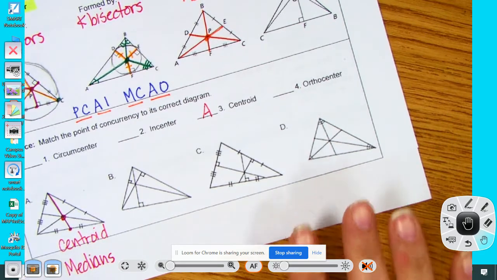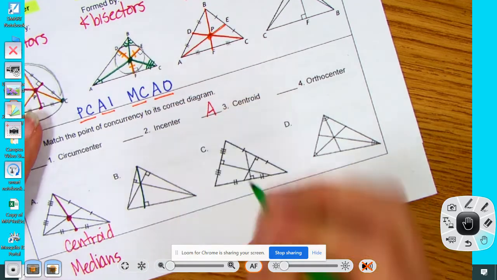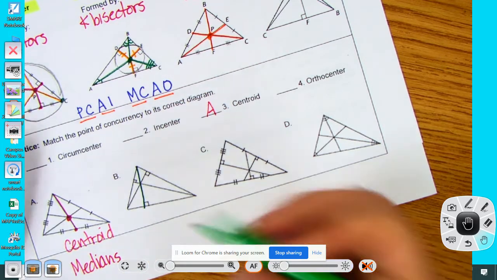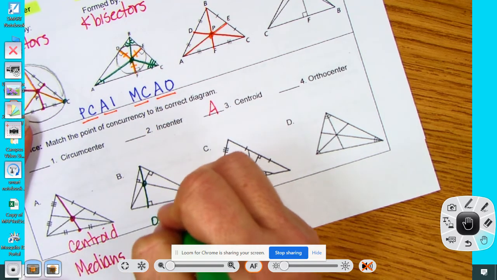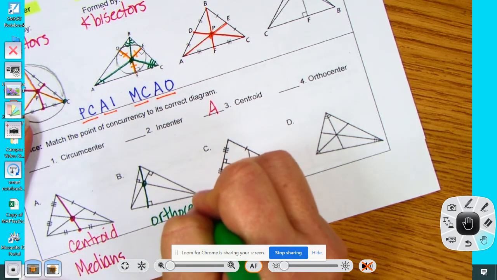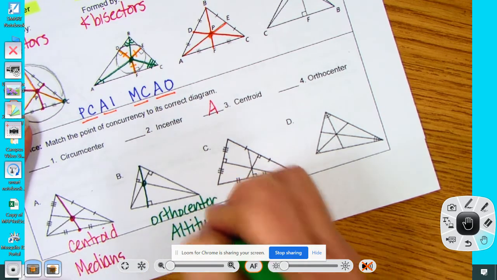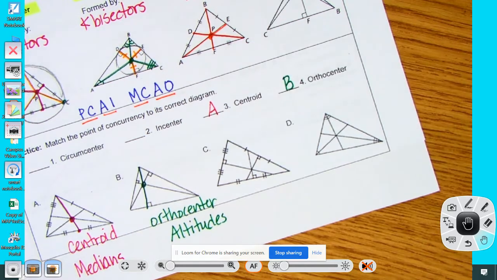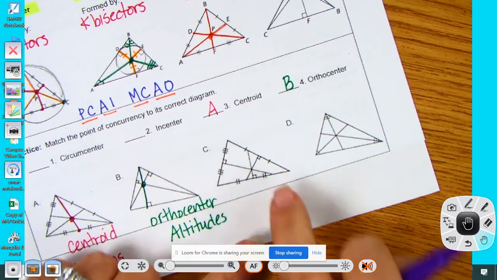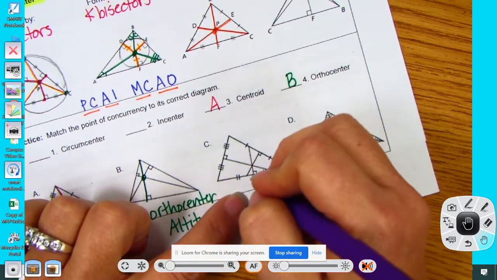The next picture, I see just straight perpendicular lines. No midpoints, nothing. So that makes this an orthocenter, which is created by altitudes. So orthocenter is B. In this picture, I see midpoints because I see the matching tick marks here.